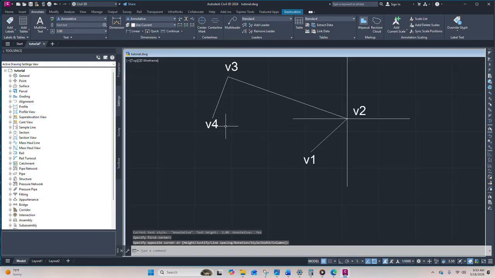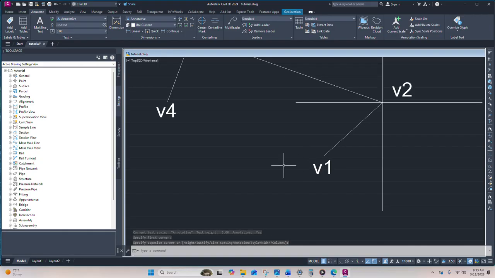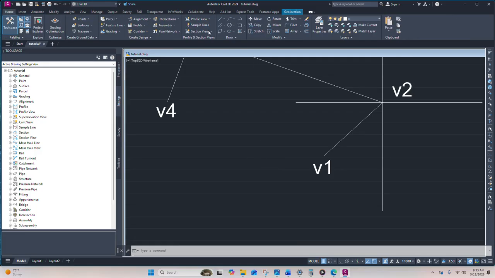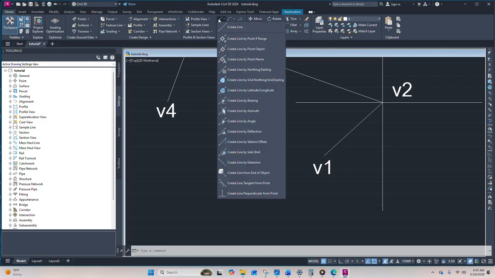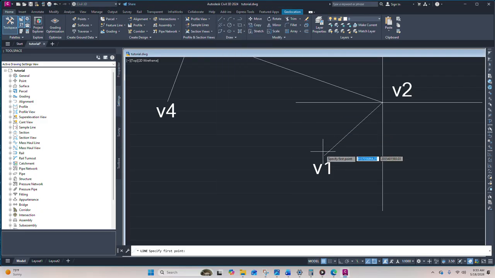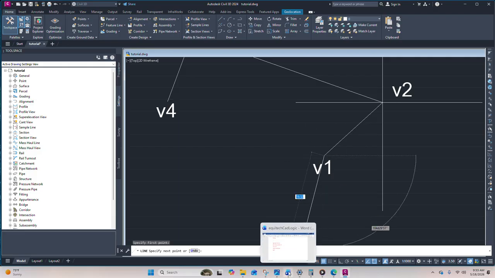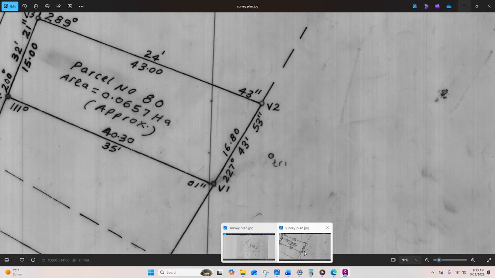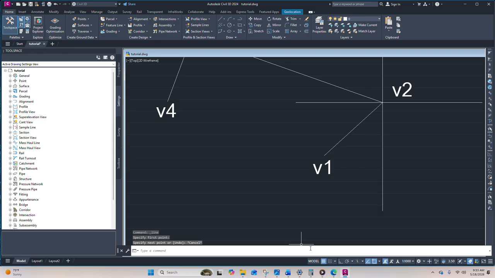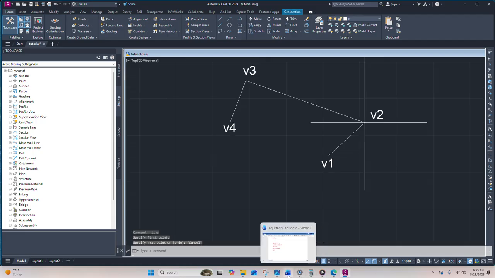So now you can join them together since you know the starting and the end, but let us draw and see whether it will snap. Finally, we have 111.